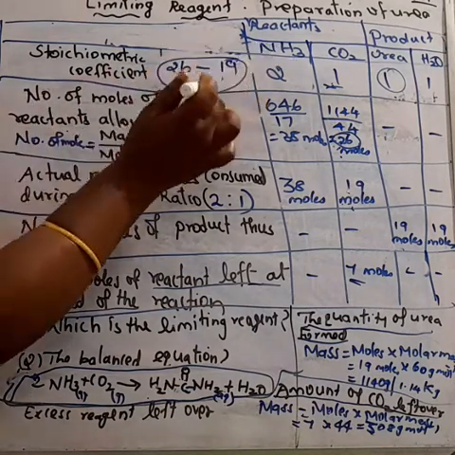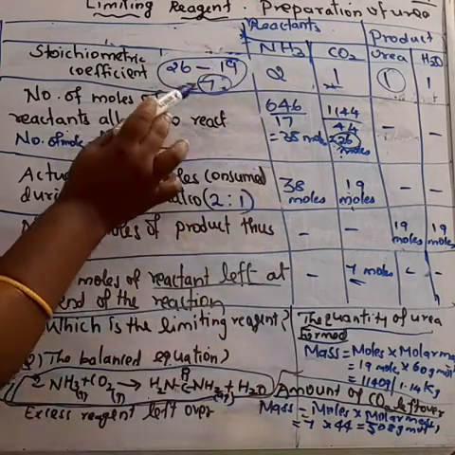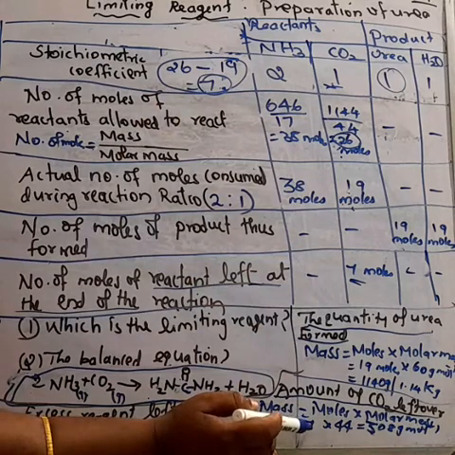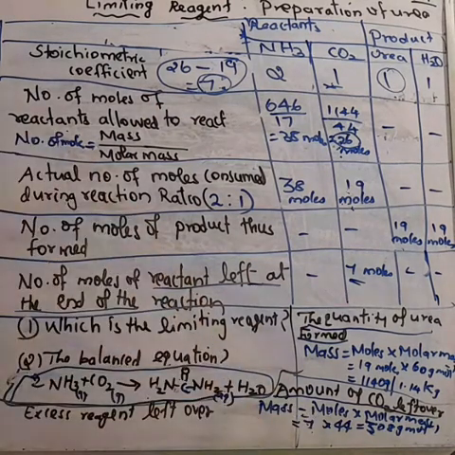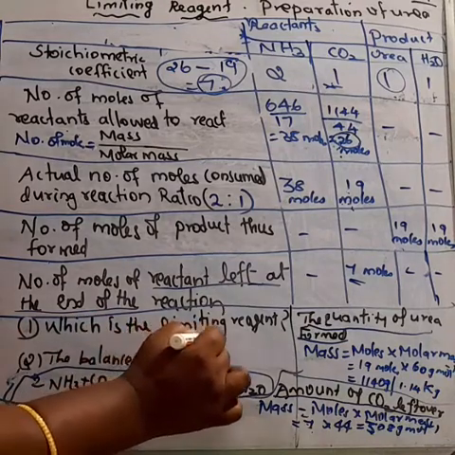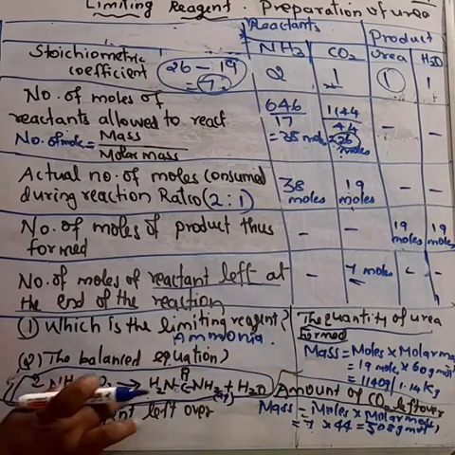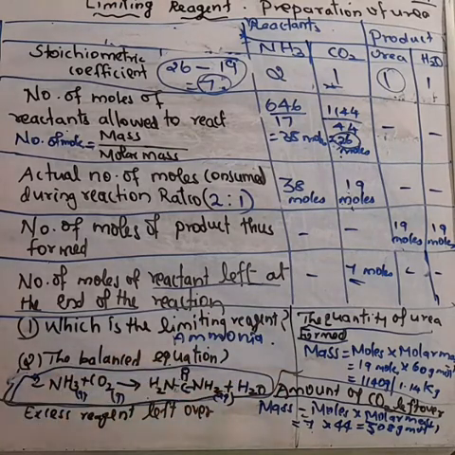So the number of moles of reactant left at the end of the reaction is 26 minus 19, we get 7 moles. So the limiting reagent here is ammonia, and the balanced equation is 2NH3 plus CO2 gives NH2CONH2 plus water.